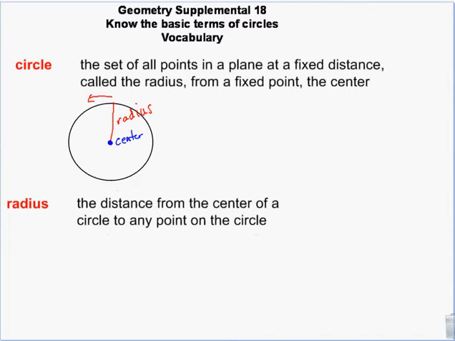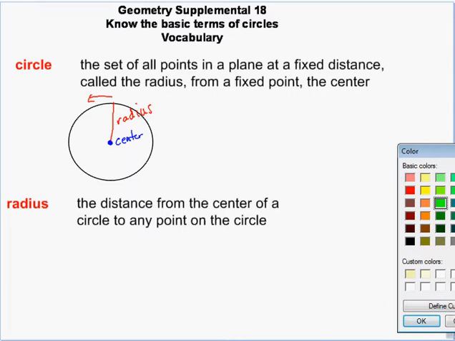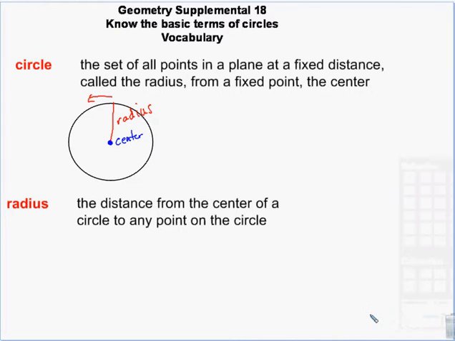The line of a circle is not really a line because lines are straight, and this is a set of infinite points. Basically, it's the set of all of the points that are equally distant from that point right there, and that distance is the radius.